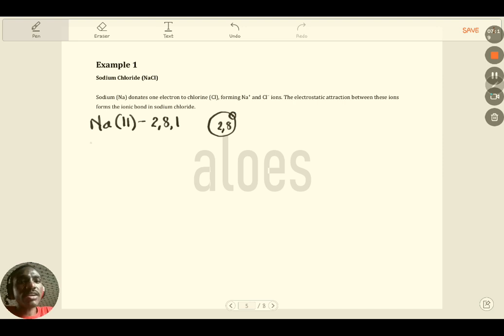And also we have chlorine. Chlorine has an atomic number of 17, which means I will have 2, 8, 7. So it will have 2, 8, then 7 electrons in the outermost shell. That's 1, 2, 3, 4, 5, 6, 7.